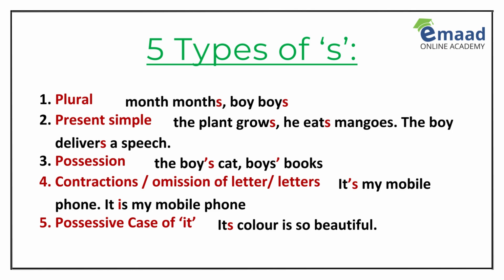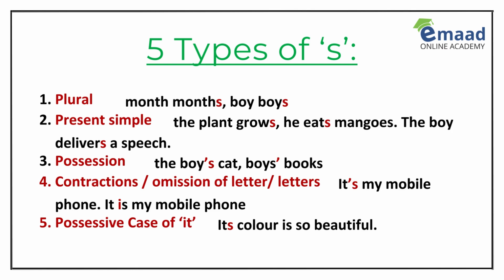So now, to make the plural of nouns, we use S without an apostrophe. In the present simple tense too, we use S without an apostrophe, but for possession, we use apostrophe S. And in contractions, we also use apostrophe S. But in the possessive case of it, we don't use apostrophe S. Some students get confused when they say it is a contracted form with apostrophe S, considering it the possessive case of it by applying the rule of how we make the possessive case of a noun, like John's mobile phone, Ali's house.